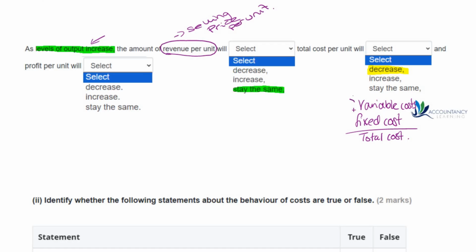So the variable cost will stay the same, but our fixed cost will decrease as output increases.